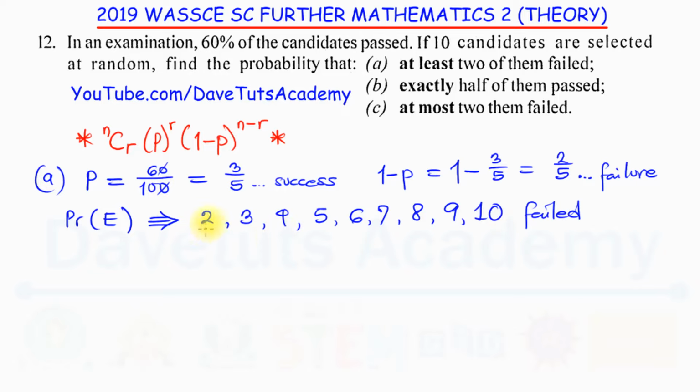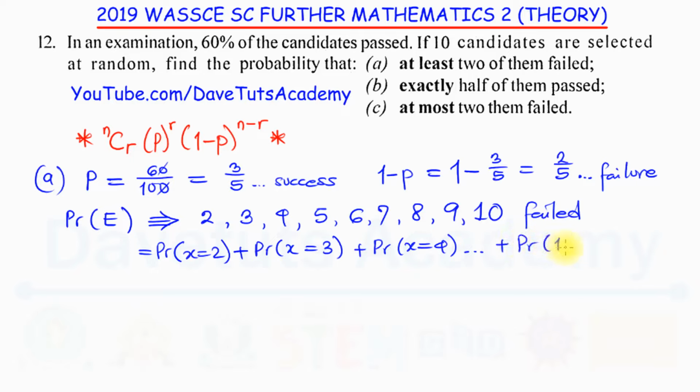So that would have warranted that we say it is the probability of 2 failing, which is the event x is equal to 2, plus the probability of 3 failing, plus the probability of 4 failing, up to the probability of 10 failing.